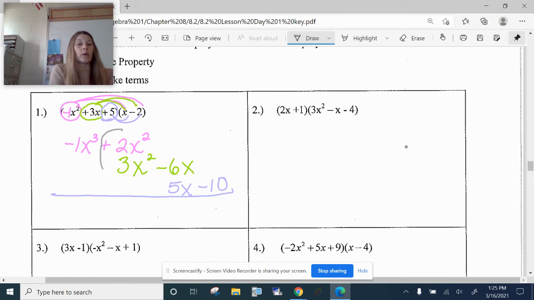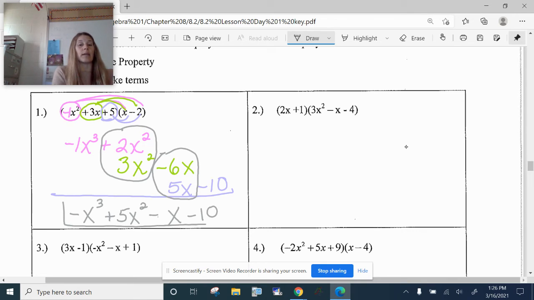Because now when I go to combine these like terms, they're already set up for me. So I have negative x cubed plus 5x squared minus 1x minus 10. And then this would be the answer or the product of those two polynomials.